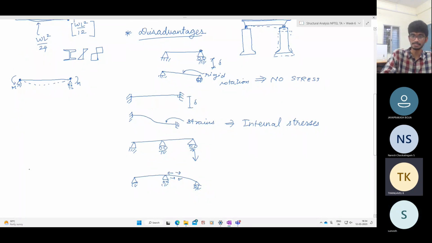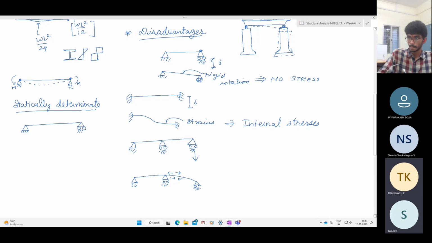So what I said is, suppose we have a statically determinate structure. Say we take a simply supported beam. And suppose the soil below this support becomes weak because of some reason, waterlogging or whatever, and this support sinks by some delta.